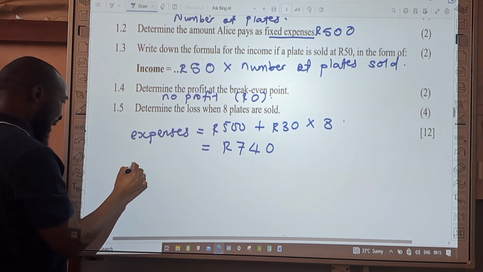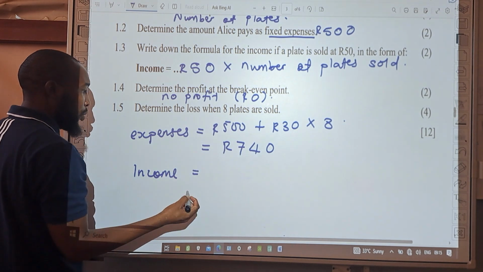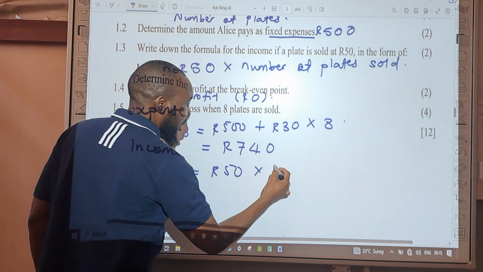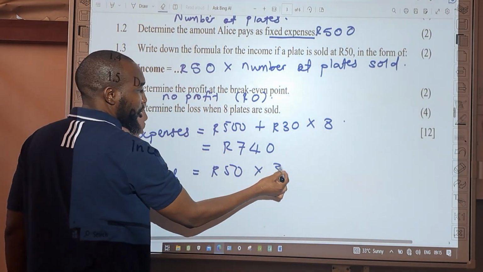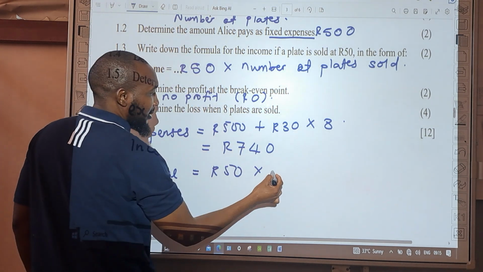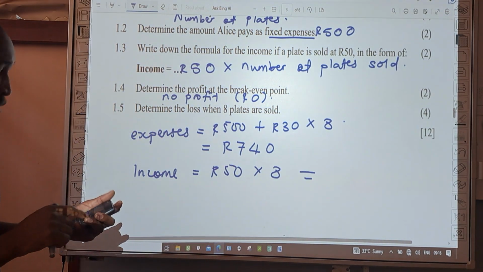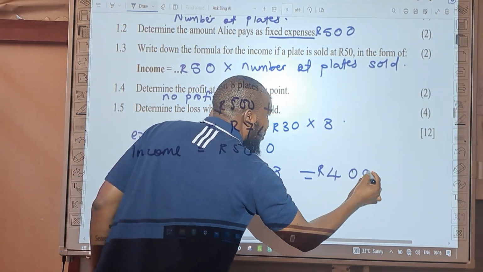But what about the income? How much are you going to earn for those plates? It's going to be 50 rands multiplied by 8 plates, and this will give you 50 times 8. That should be 400 rands.